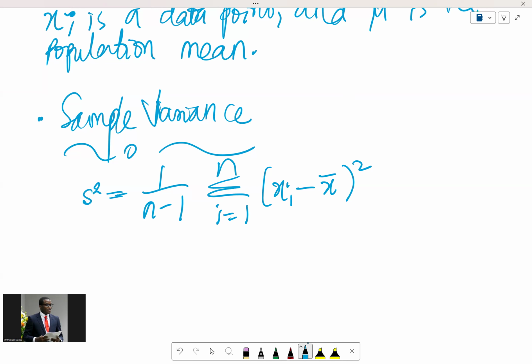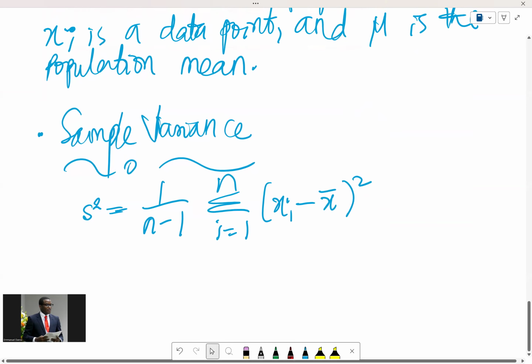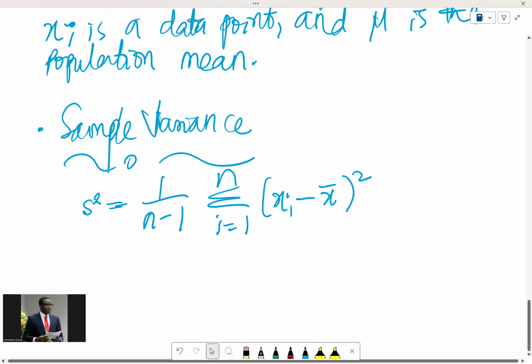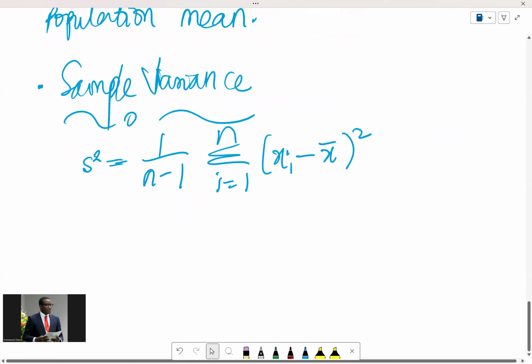So it's basically the same except for a few differences. Instead of big N up there, you have small n minus 1 down here. And instead of mu, you have x bar.